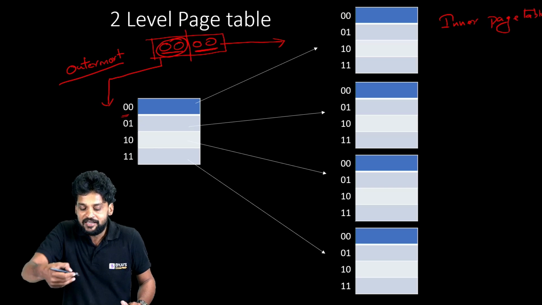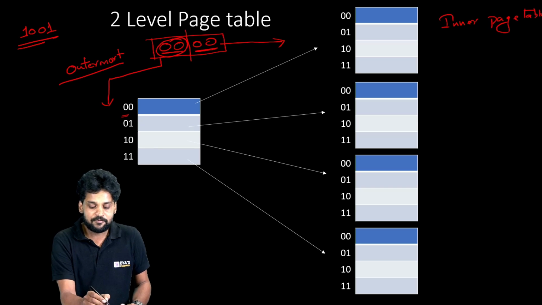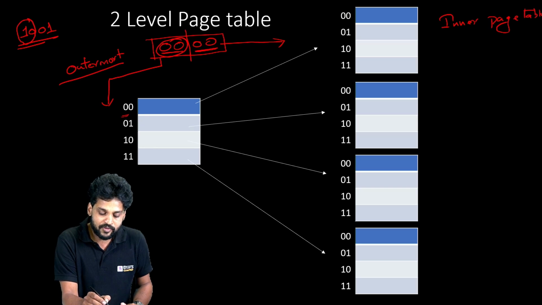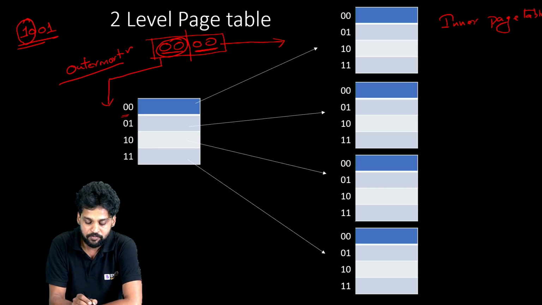Now, what exactly do we want? For instance, the CPU wants to find out where page 1001 is available. For that, by taking the first 2 digits, the computer system will locate this value in the outermost page table. In the outermost page table, this value has been located.